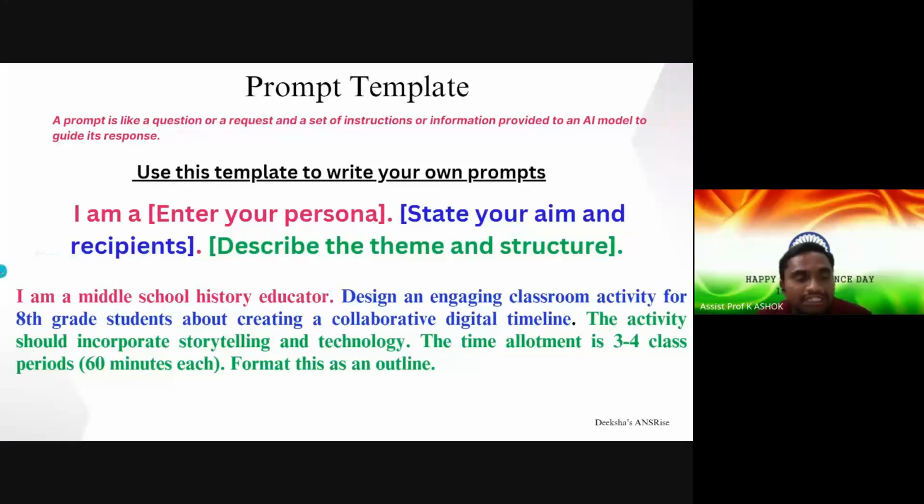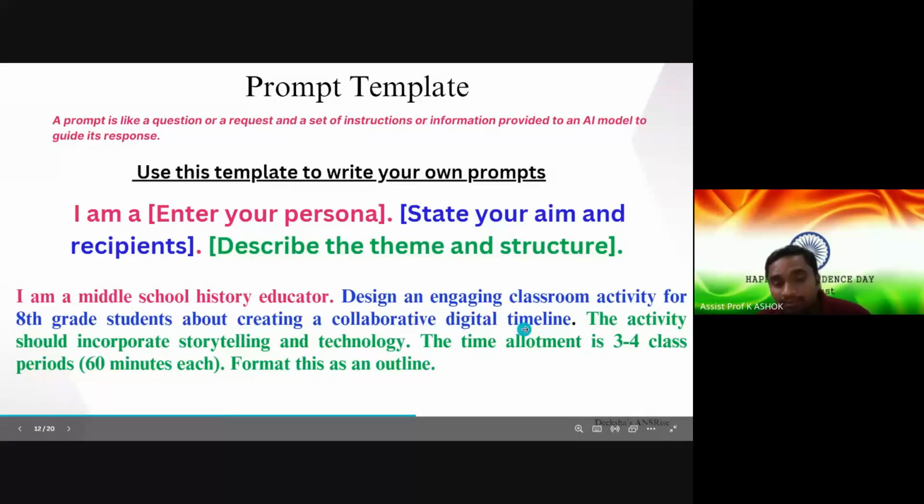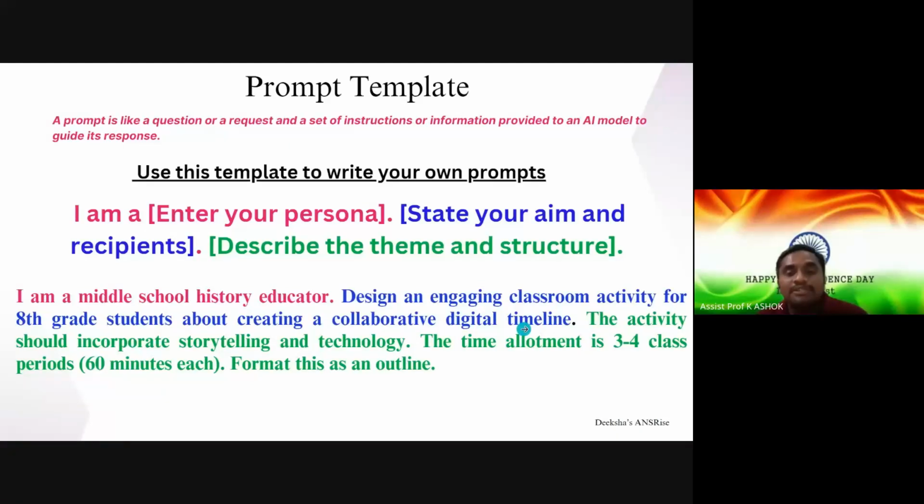So it is clearly saying who is going to communicate with the ChatGPT model. Now after that, I am writing: design an engaging classroom activity for 8th grade students about creating a collaborative digital timeline. See here how the aim is very clear.